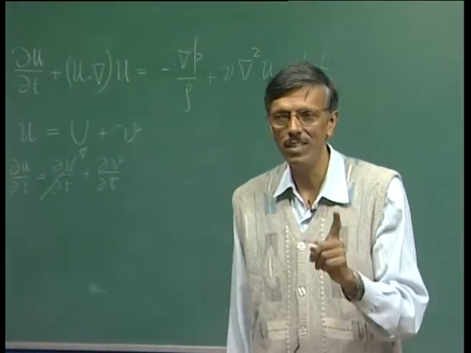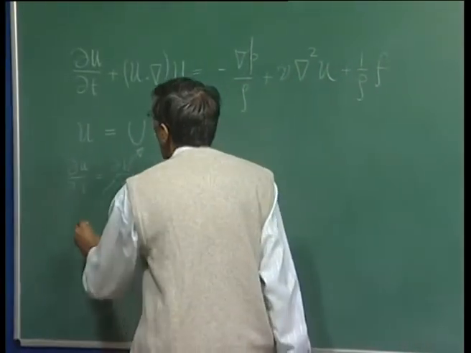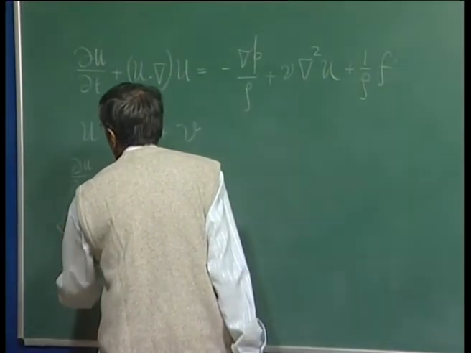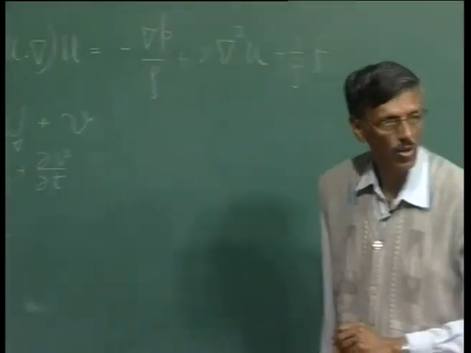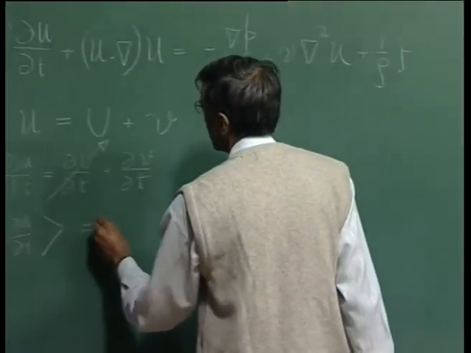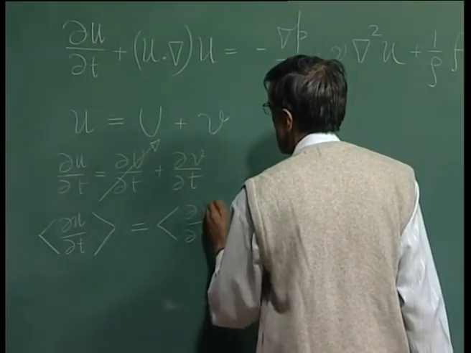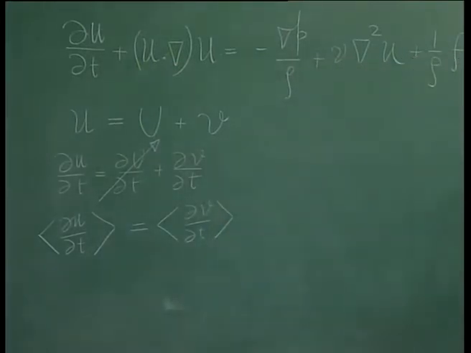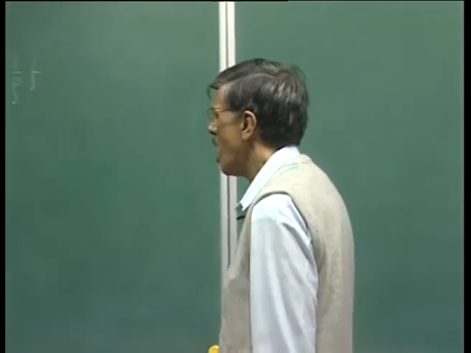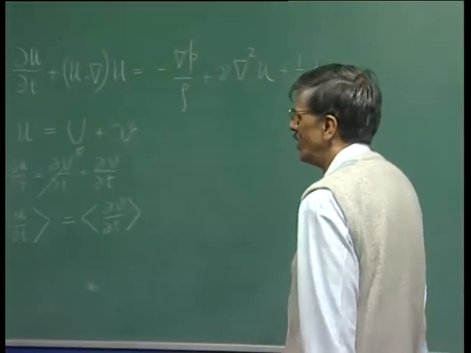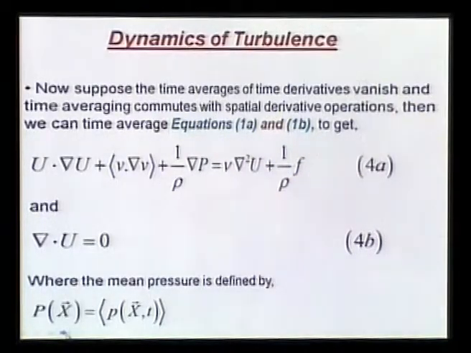I will be averaging individual terms one at a time. So, if I do that, we are talking about this. Okay. So, this will be this. Now, what happens is we make a supposition that the time averages of time derivatives vanish.